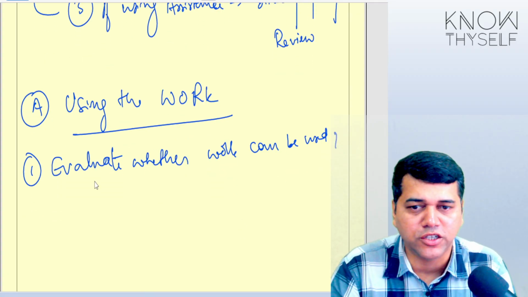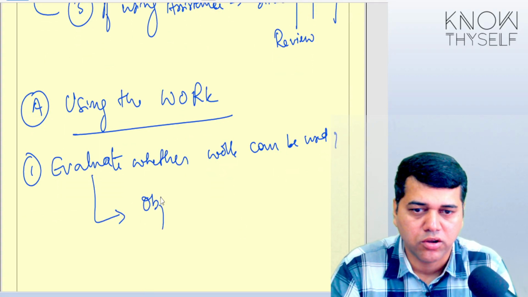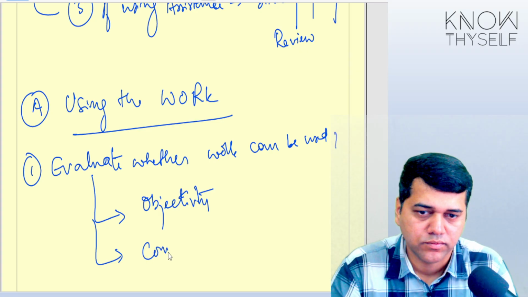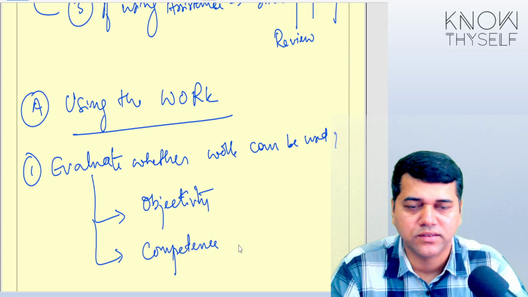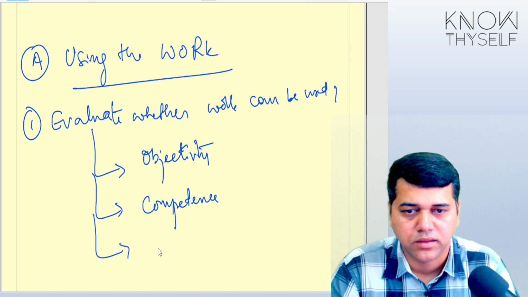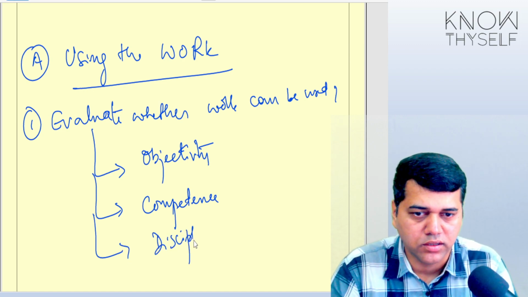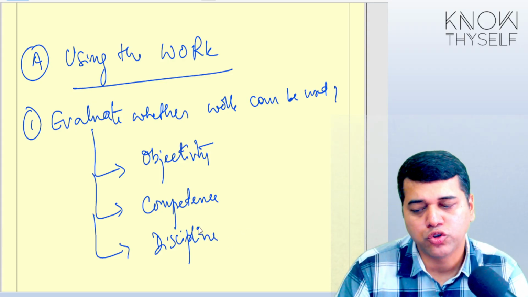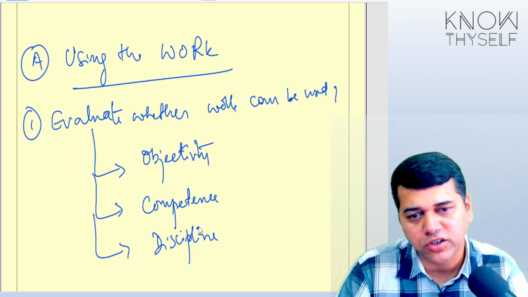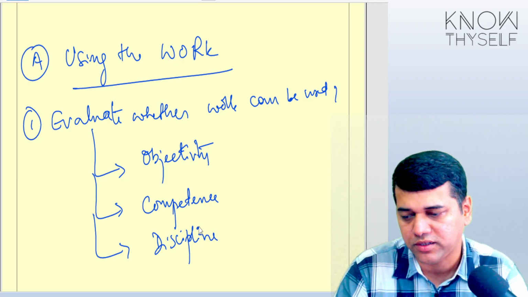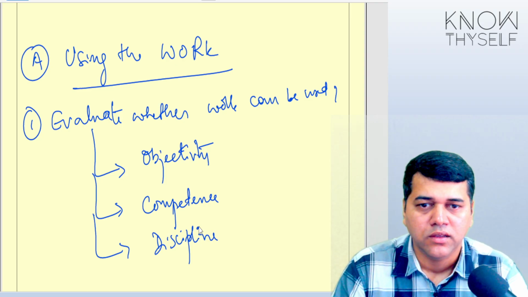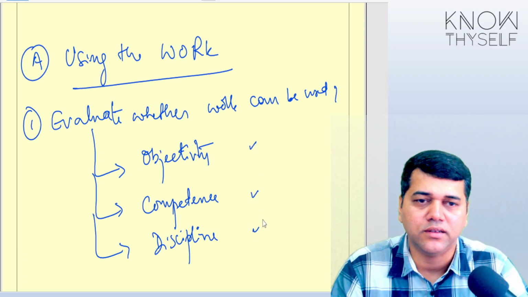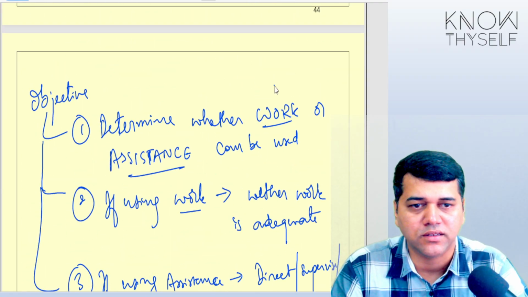So what are the factors I need to consider? Objectivity, competence, discipline. Then you should not use if the objectivity is not there, competency is not there, discipline is not there. So once you have put a tick mark, this is there, this is there, this is there, then my first work is done. This portion is done.